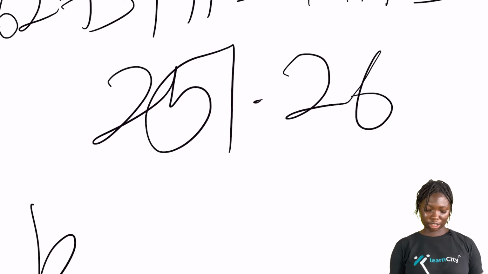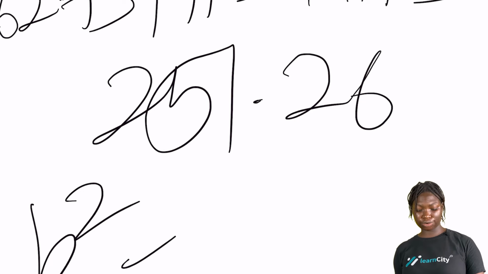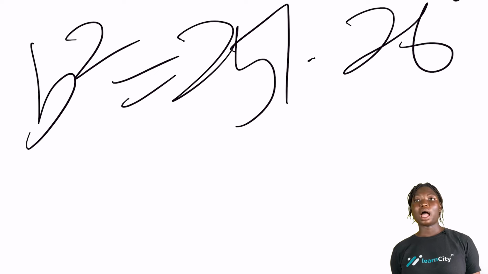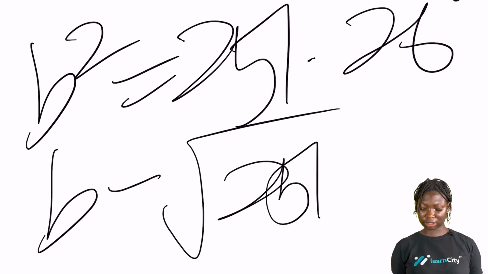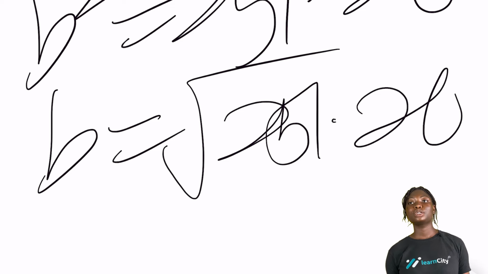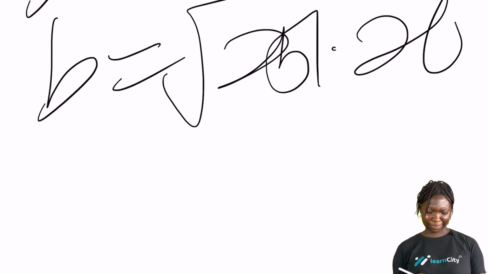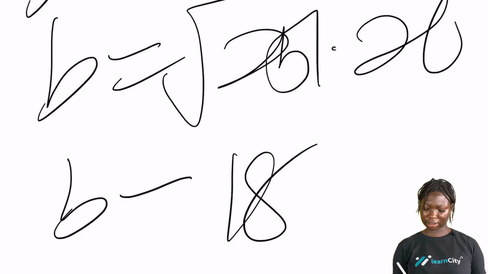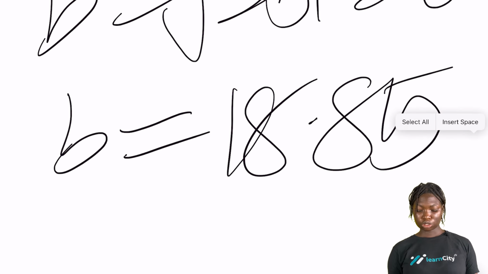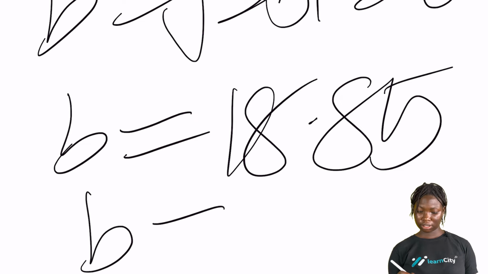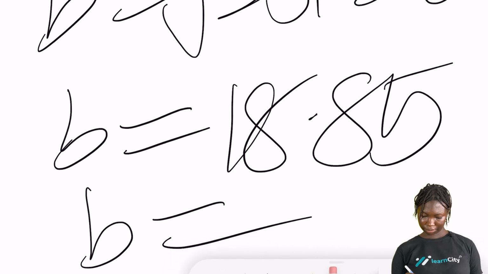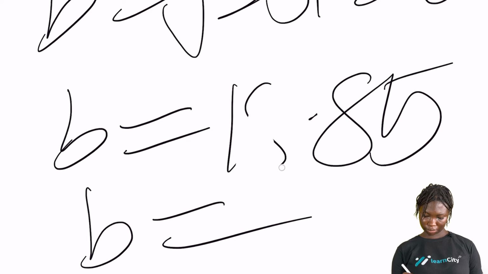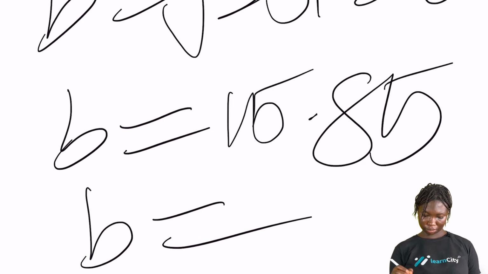Now, B squared is 251.26. And now, our B is the square root of 251.26, and we have our B to be 15.85.